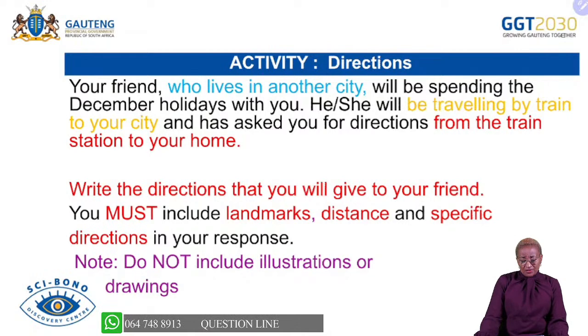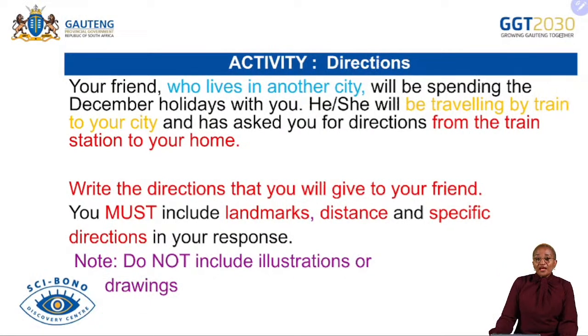What if someone says, from the train station, get into a taxi to Sikukuni village. Ask the driver to drop you off at Butterfly Primary School. And my home will be next to the school. Wow. What is wrong with that response?